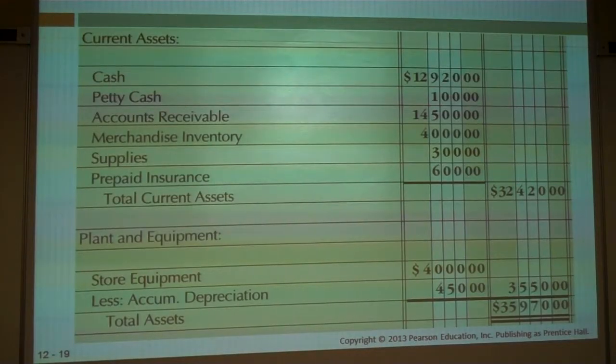So these are the long-lived assets, and then we just divide them on that classified balance sheet. Current assets, and then we've called the others plant and equipment. Store equipment, there's the accumulated depreciation, and we didn't have anything else.